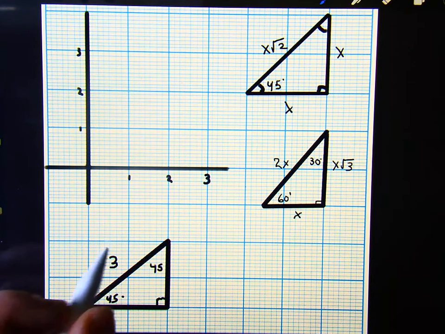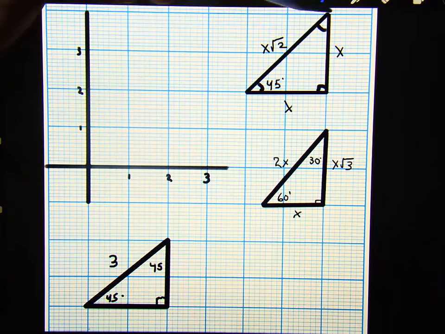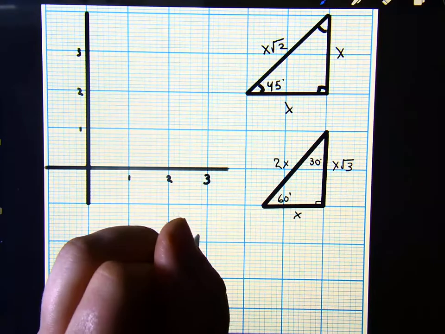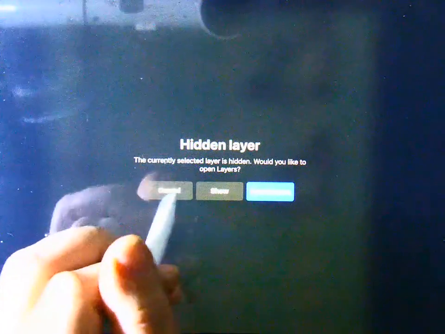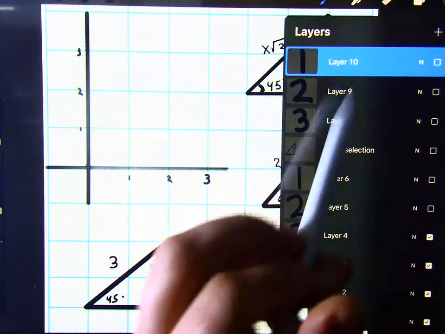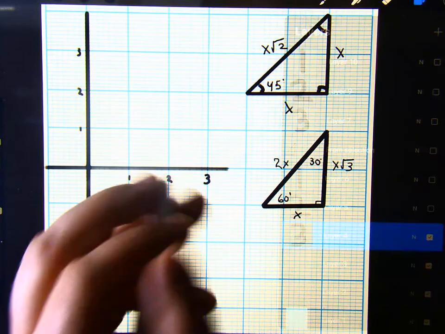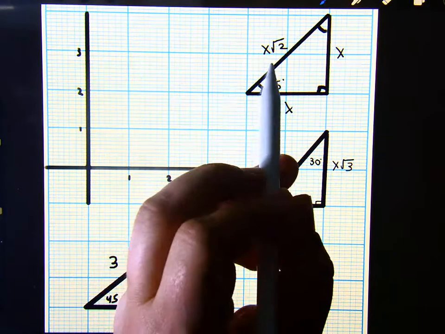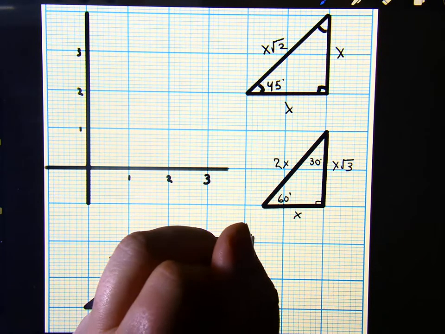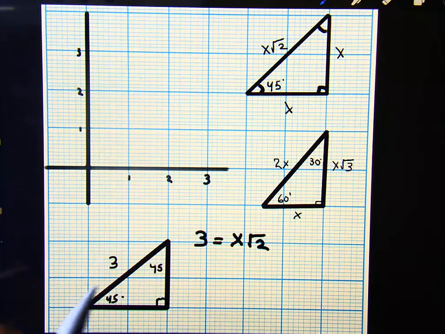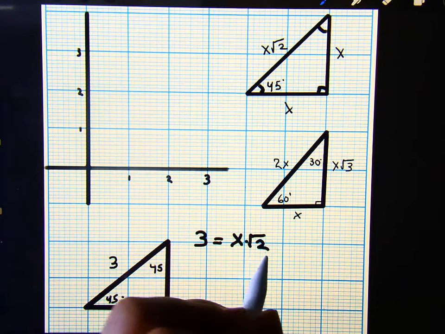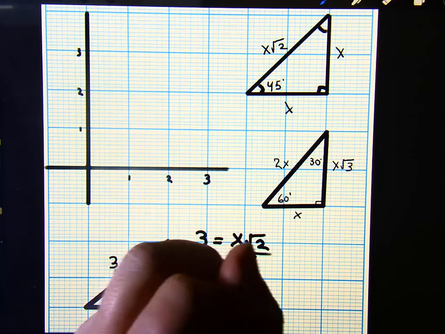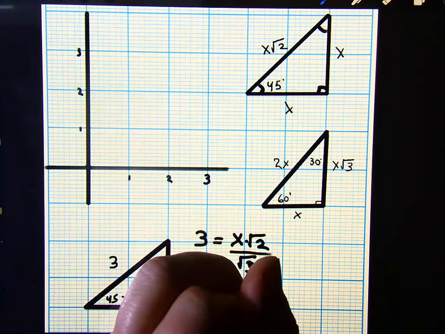Given that our line segment, our hypotenuse, is 3, what that means is that 3 is equal to x square root 2. In order to figure out what x equals, one way you can do this is to divide both sides by square root 2.